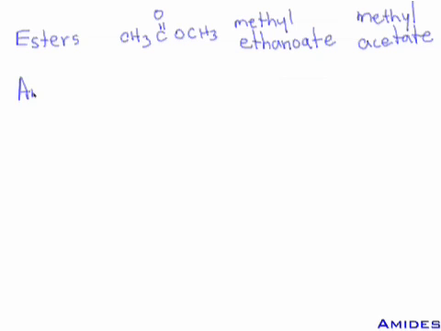Amides have some nitrogen, which may or may not be substituted, just like carbon. And you may have, for example, a CH3 here. This whole unit, if replaced with an OH, would be a benzoic acid.